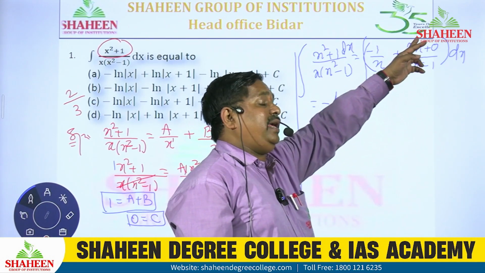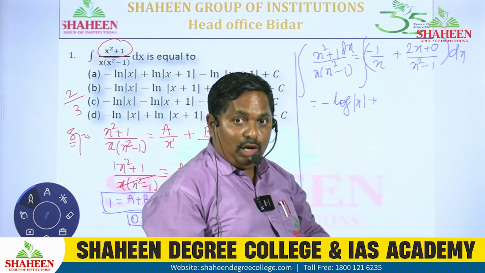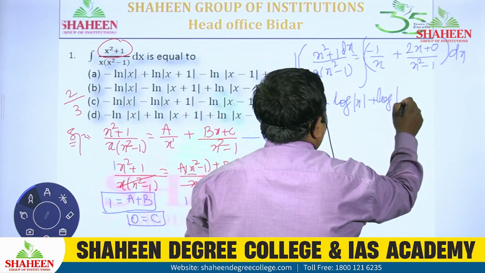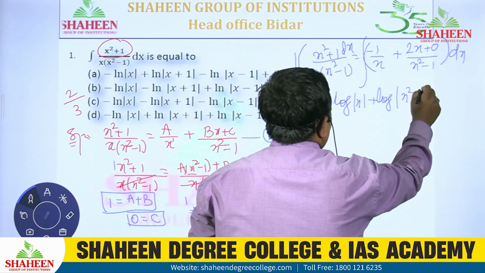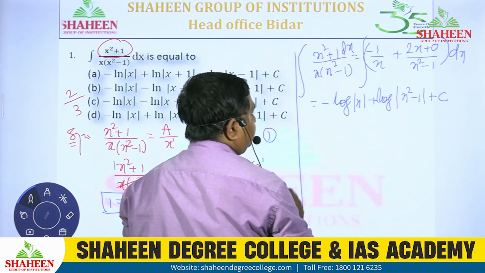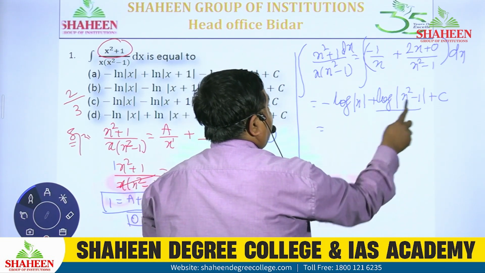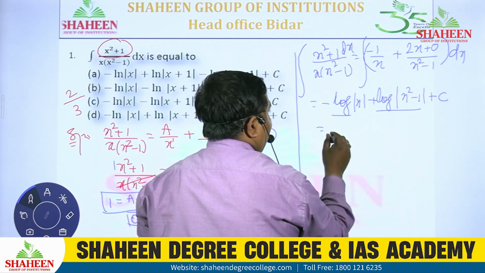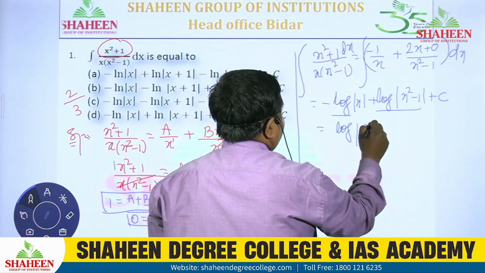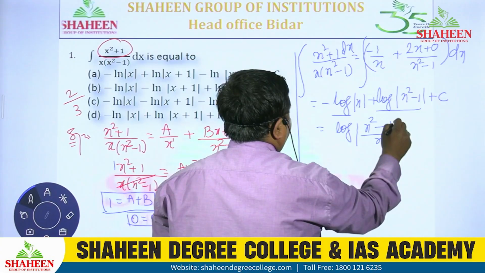The integration of f dash of x divided by f of x is log f of x, where f of x is x square minus 1, plus c. And you know log p minus log q is log p by q, so that becomes log of (x square minus 1) divided by x, plus c.